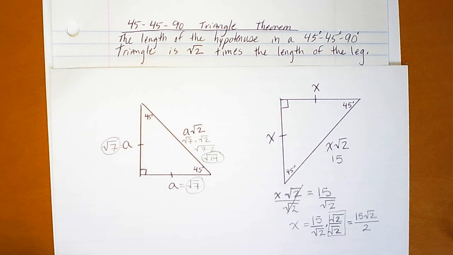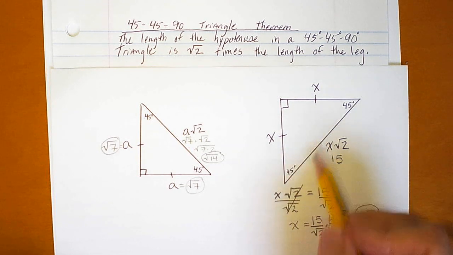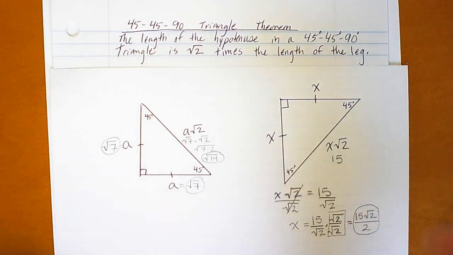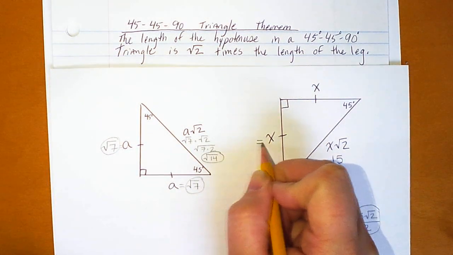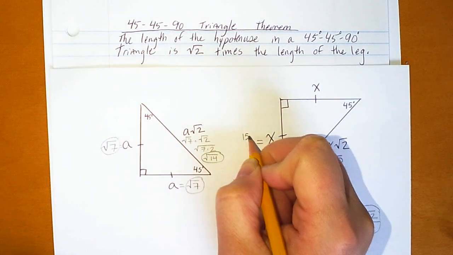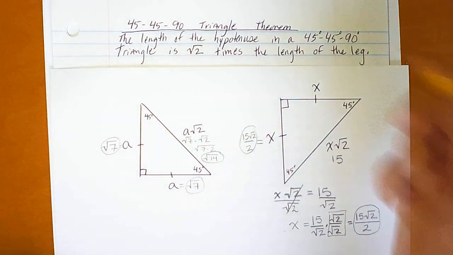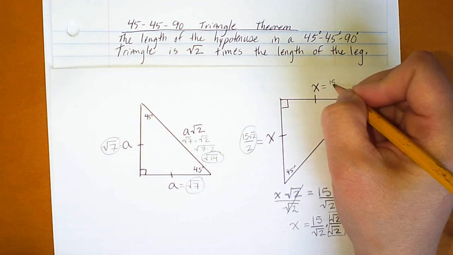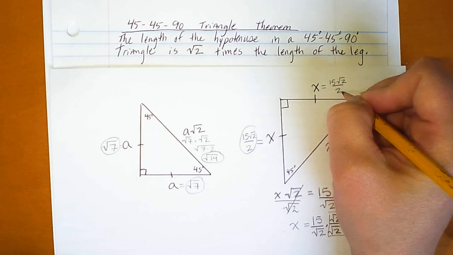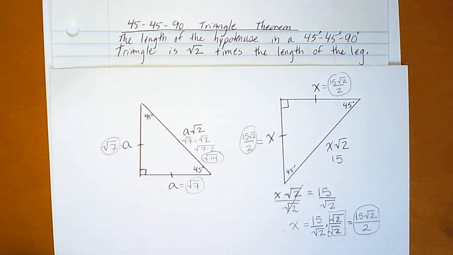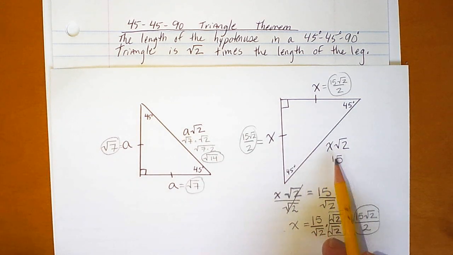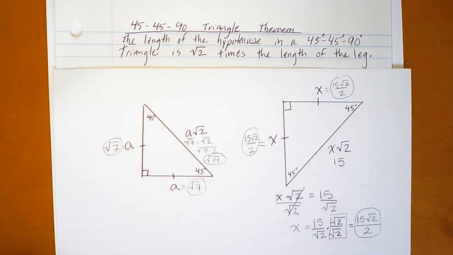But that is the value of x. So over here, this is going to be 15 root 2 over 2. And the other leg is going to be 15 root 2 over 2. So a little bit tricky, but not impossible to solve. We just had to figure out how to get the variable x by itself.